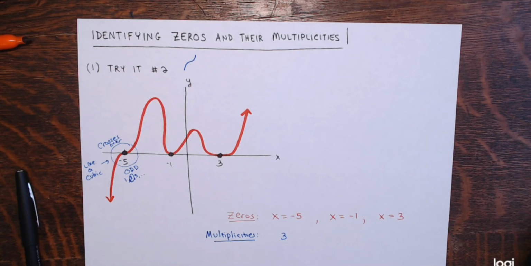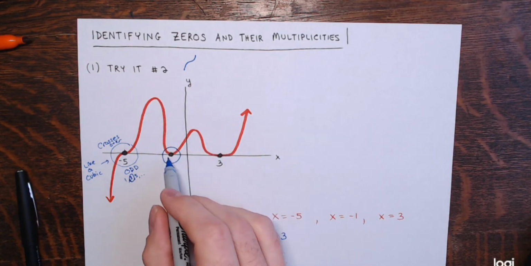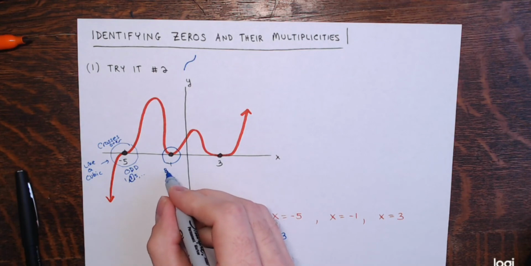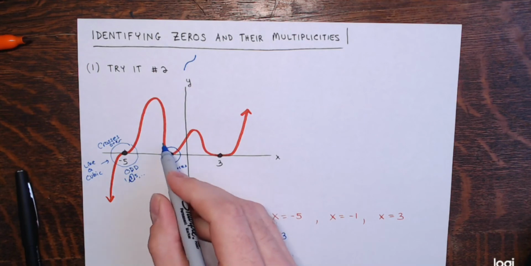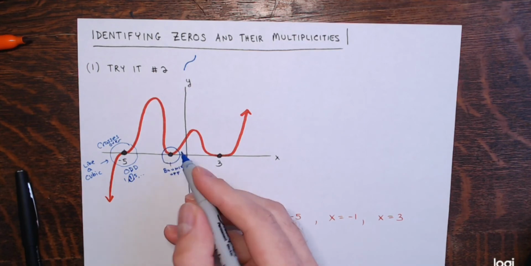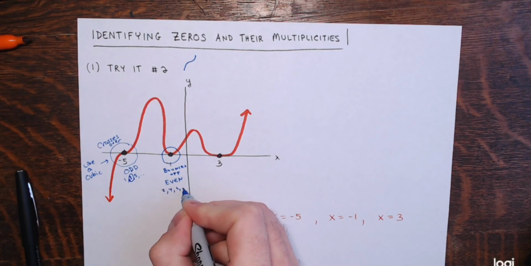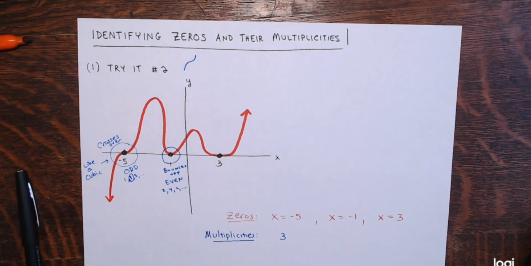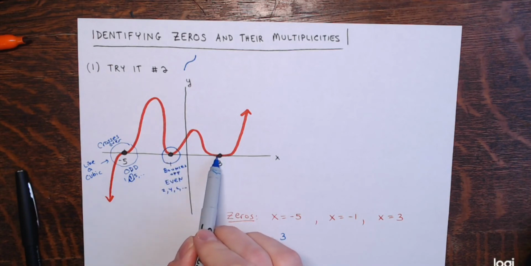All right, now let's look at x equals -1. Now you see here it bounces off. The graph touches the x-axis and bounces off, so it's got to have an even multiplicity, so 2, 4, 6, 8, and so on. See how the graph just touches and bounces? It's not really all that flat like it is over at x equals 3. It's not very flat.